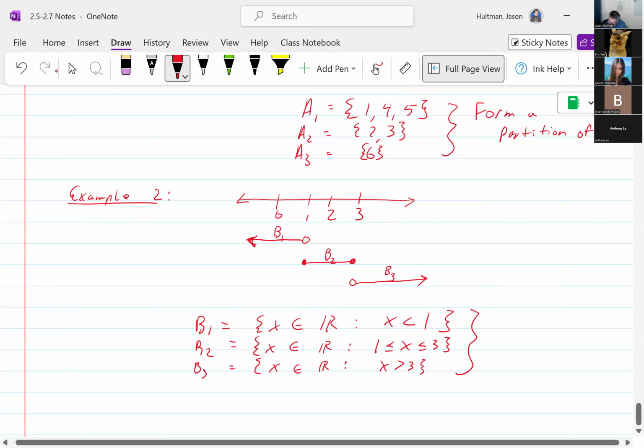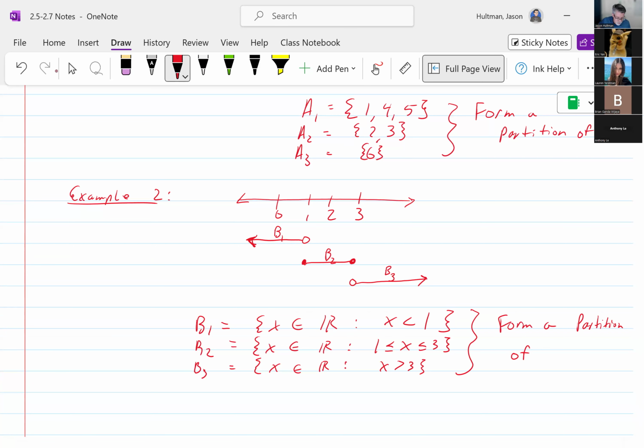And these all form a partition of what? What's the set that we're forming a partition of? Well, what are we piecing up? A number line. And what are the values on a number line?